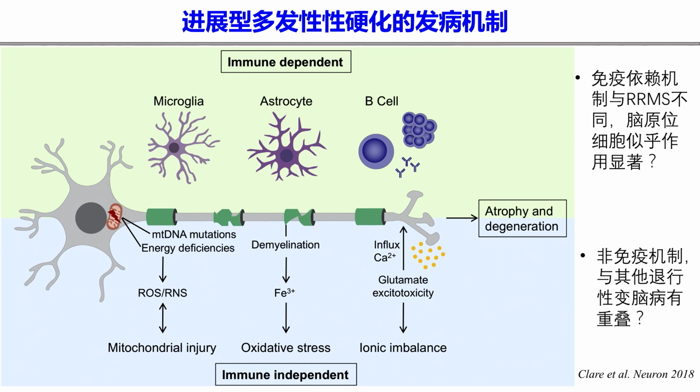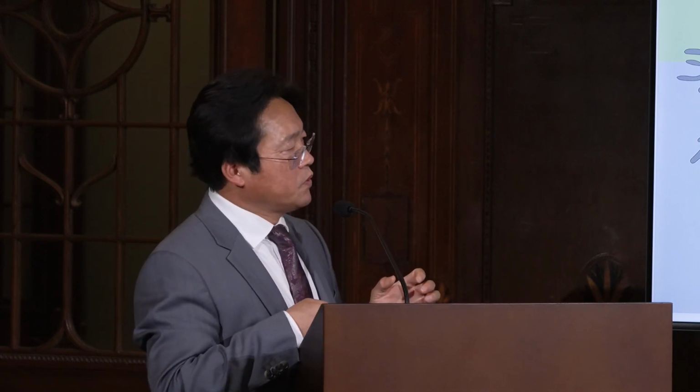They're not disappearing completely. On the other hand, you also have the influx of the immune cells. So they coordinate to establish this so-called compartmentalized inflammation that Dr. Comi mentioned in the morning.